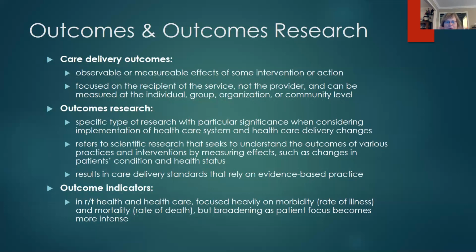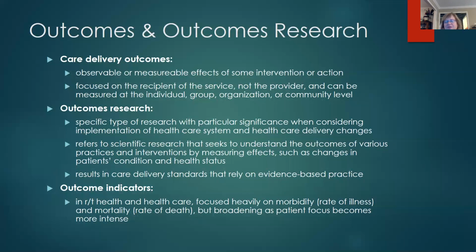Outcomes research broadly is a special type of research, and it's really focused on the healthcare system and healthcare delivery changes. Outcomes research really helps us to know if we are on track in delivering the kind of care in broad ways, not just to one single individual, although you can use it with one individual, but in broad strokes, in a way that really promotes the health of our populations.